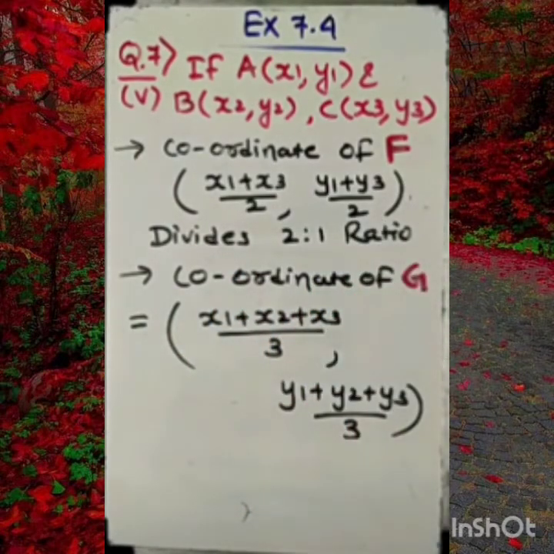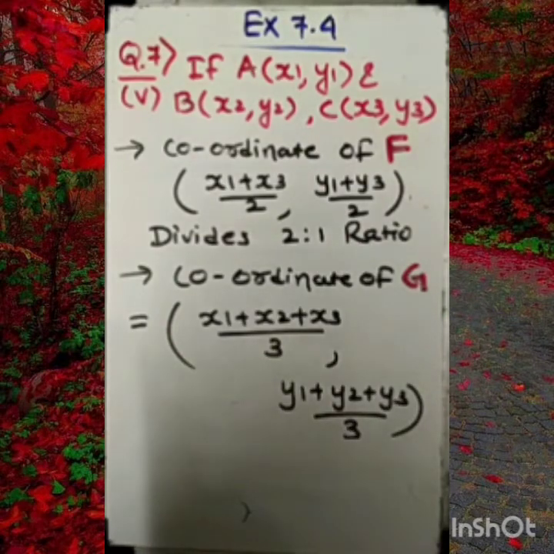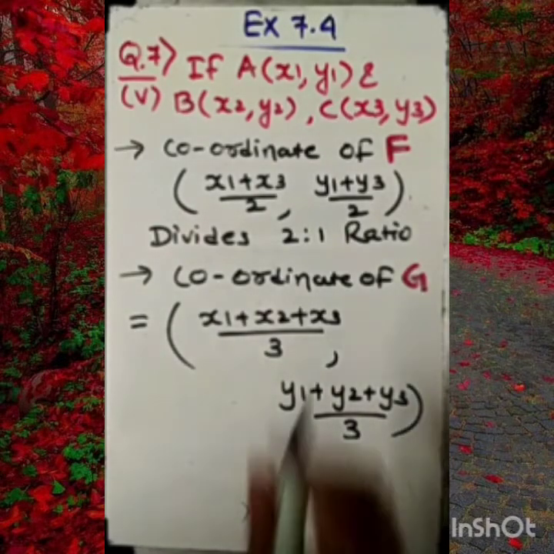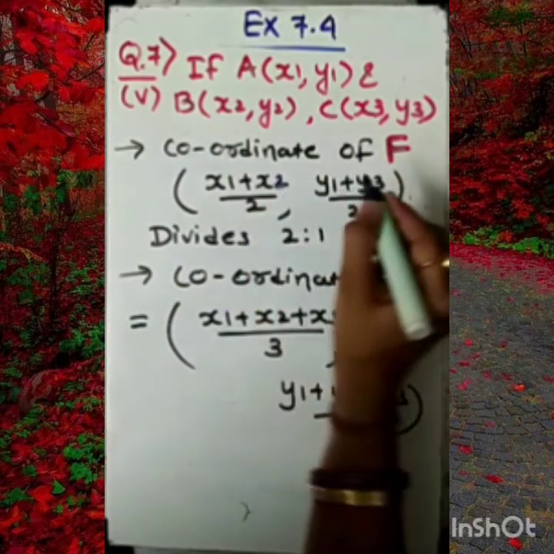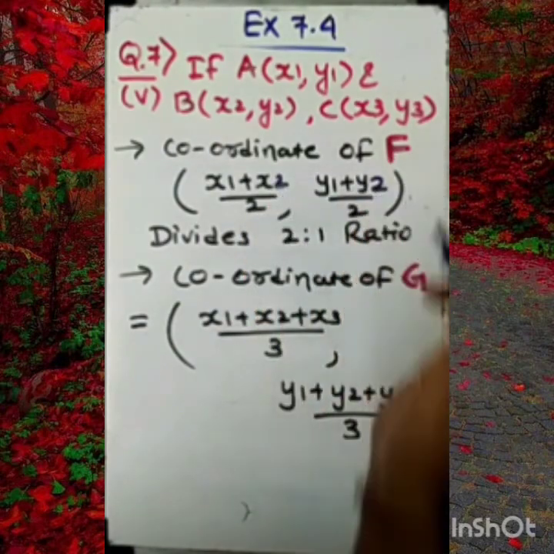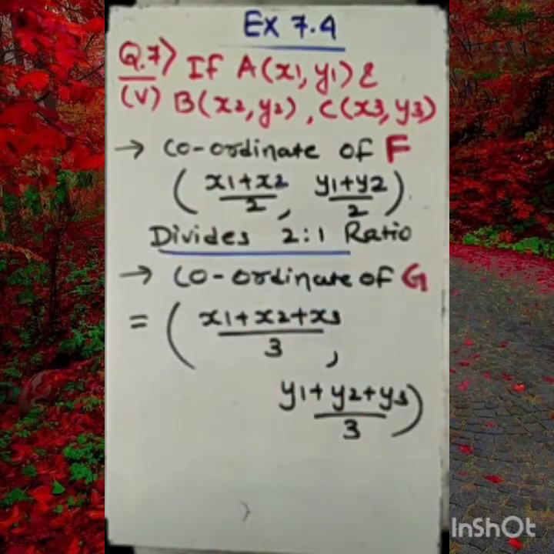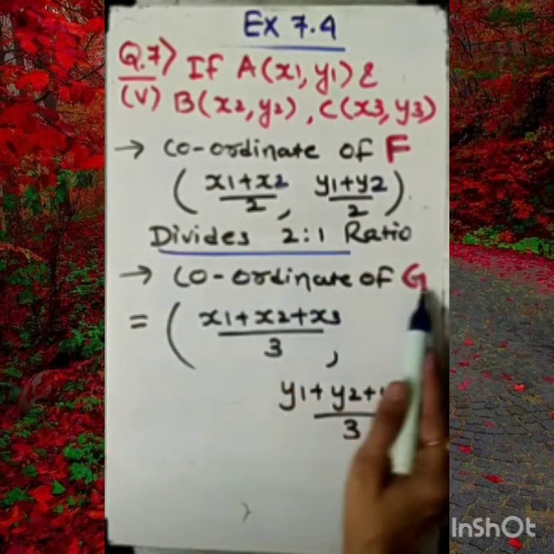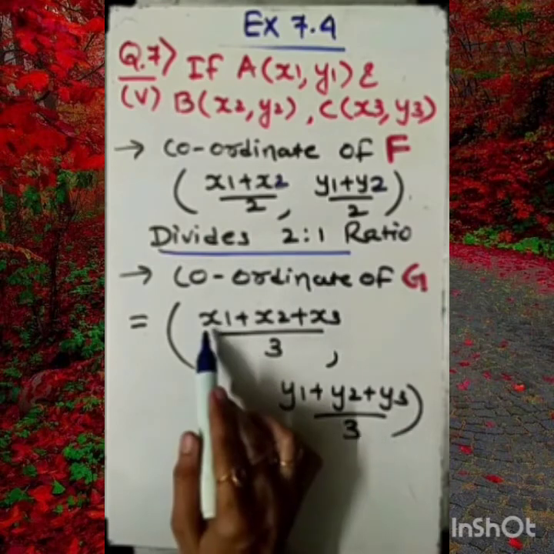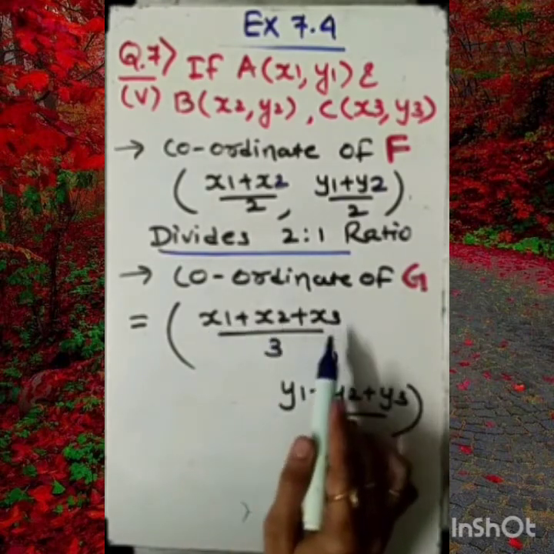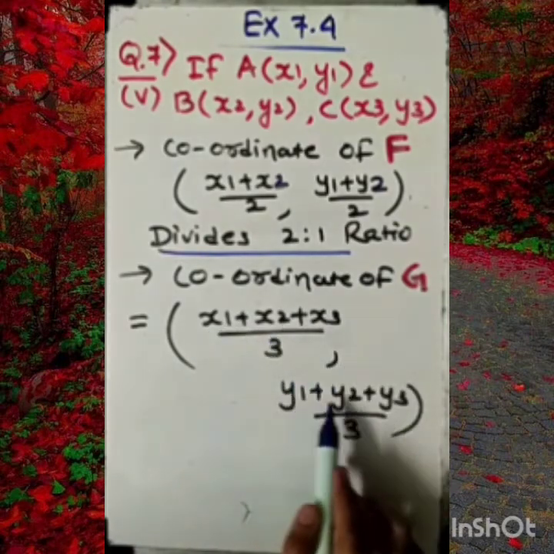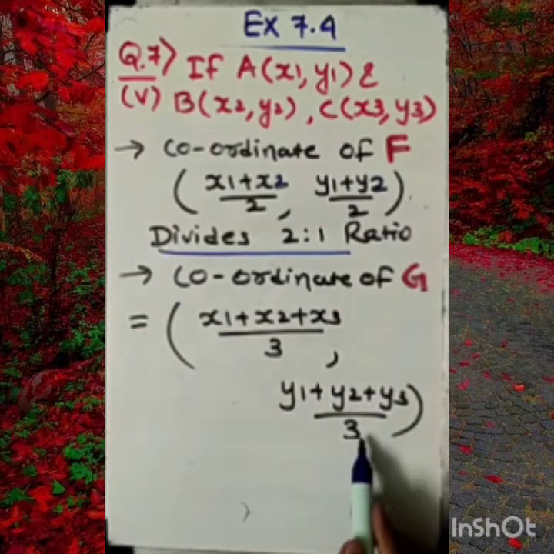It will remain the same. The coordinates of point F we want to find, that will be x1 plus x2 divided by 2 and y1 plus y2 divided by 2. And the ratio is also 2:1. So the coordinates for the required point will become x1 plus x2 plus x3 divided by 3, comma, y1 plus y2 plus y3 divided by 3.